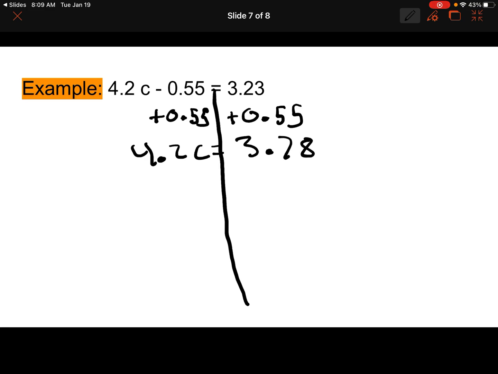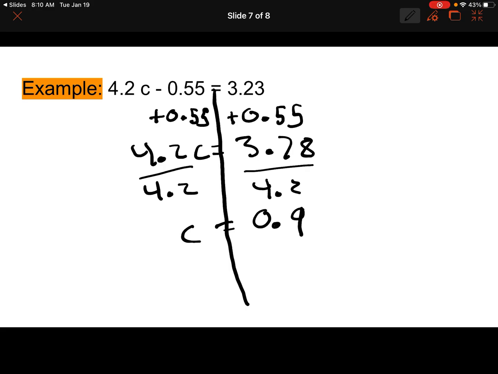All right, now we have to divide by 4.2 here. So divide by 4.2, divide by 4.2. Now c is equal to 3.78 divided by 4.2. I'm just going to do that on a calculator to save time here. 3.78 divided by 4.2 is equal to 0.9. All right.